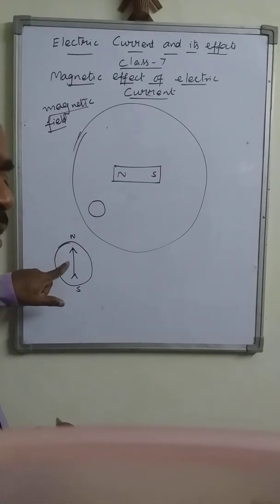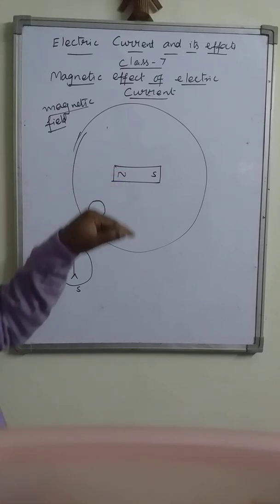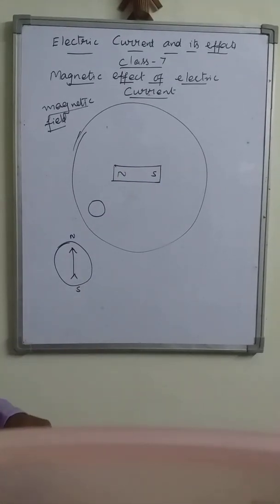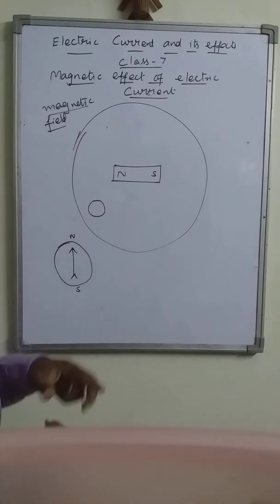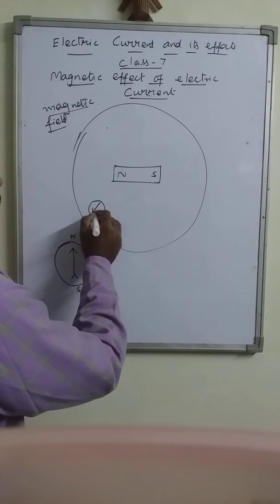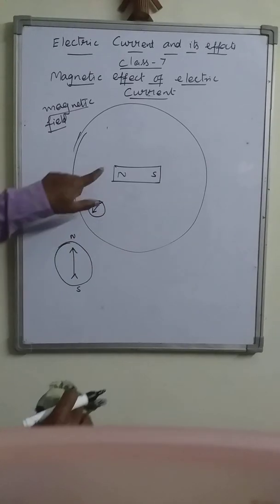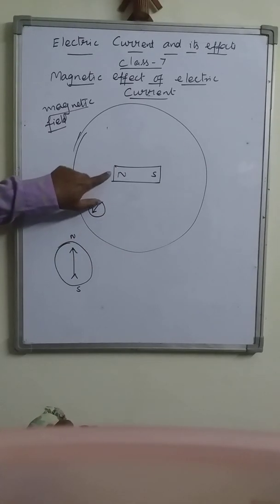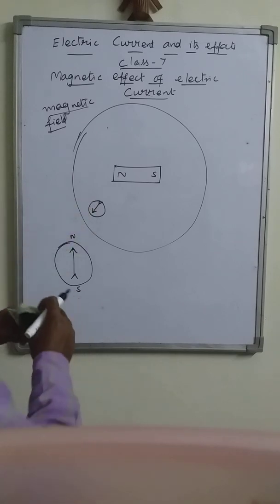Since this is also a tiny magnet, the two magnets exert force on each other, due to which the compass needle deflects in this manner. Because here we have the north of the magnet and the south of the needle, so they attract each other.